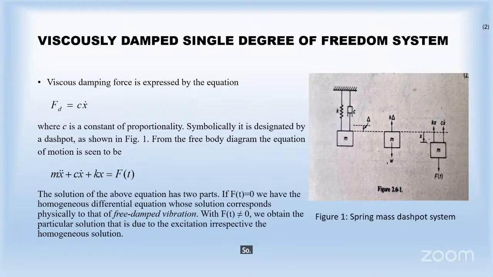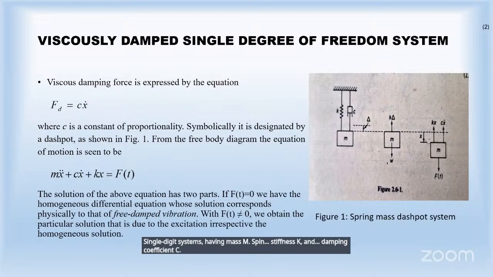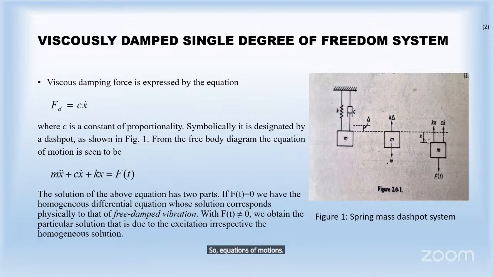If we consider a spring-mass-dashpot single degree of freedom system having mass m, spring stiffness k, and damping coefficient c, the equation of motion is m x double dot plus c x dot plus k x equals f of t, where f of t is the force given to the system. This is the differential equation.